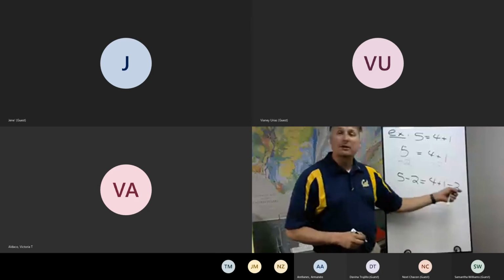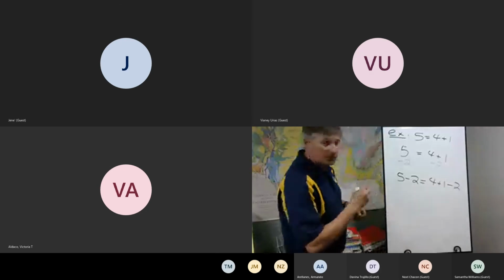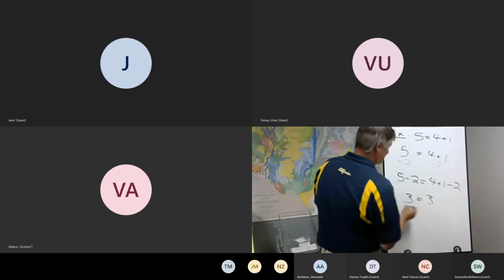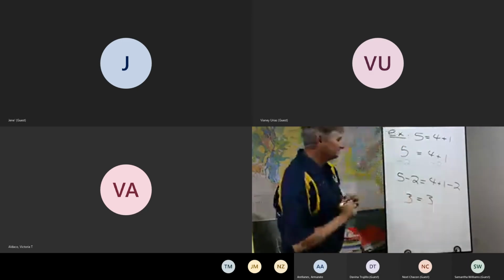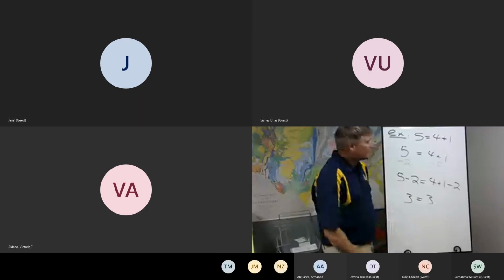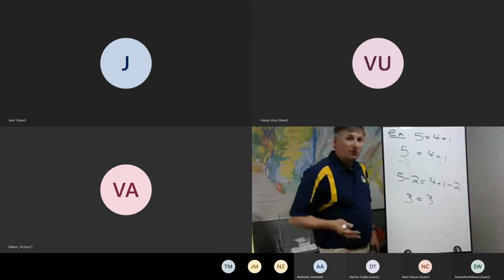You start left to right is what you would do. And so for the final answer, you get 3 equals 3. So this is where it's cleaned up. But we're going to subtract 2 from both sides.